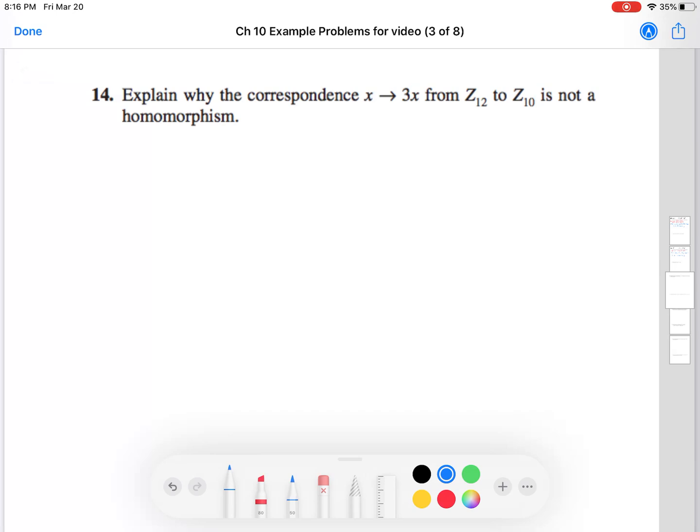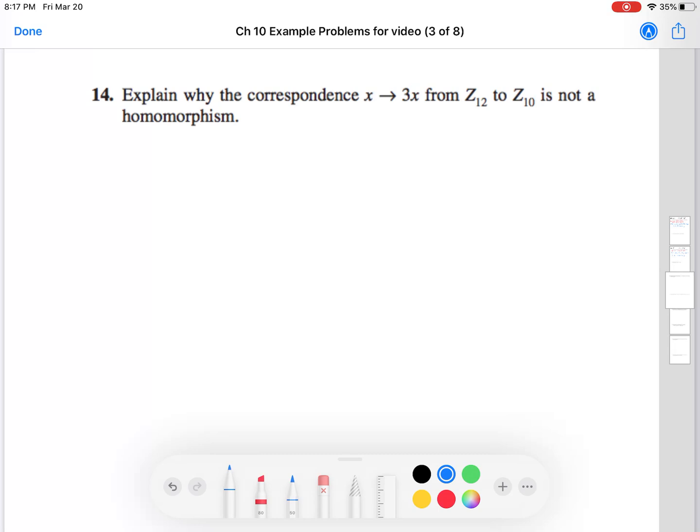So number 14, we get a slightly different task. We get the task of showing that something is not a homomorphism. Now this looks fairly similar to one of the problems that we did in our video lecture, where we had phi of x equals 3x, and we were mapping from Z12 to Z12.